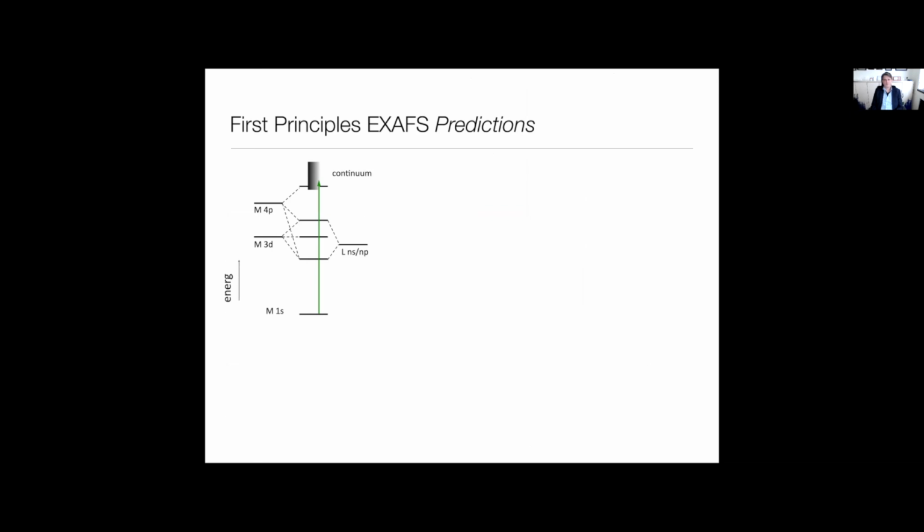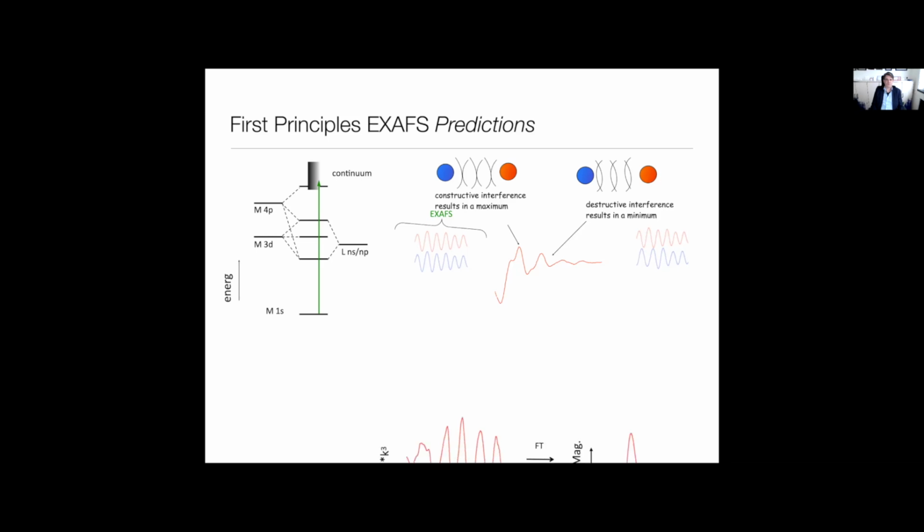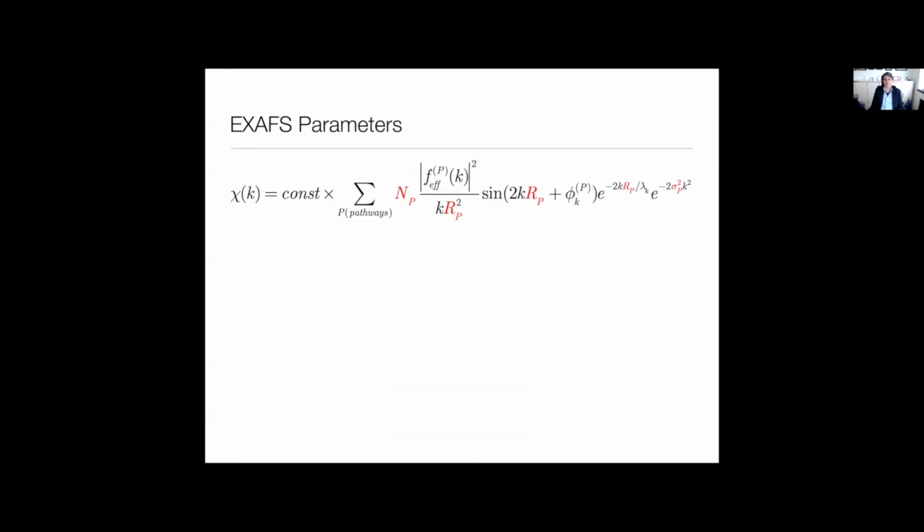We all know XFs arises from scattering of the electron after you excite it to the continuum, and then the electrons are scattered on the neighboring atoms, and there is constructive and destructive interference, and that, of course, holds the structural information. And by doing a Fourier transform, you can go into position space and then fit either the position space or the momentum space spectrum, and you get your answer.